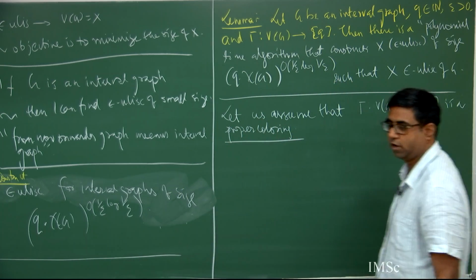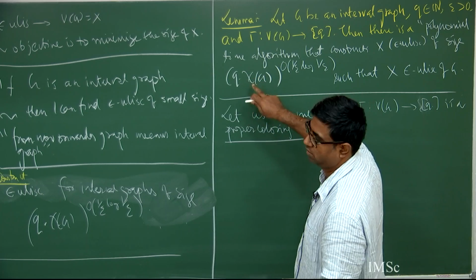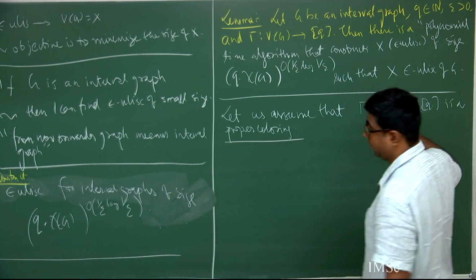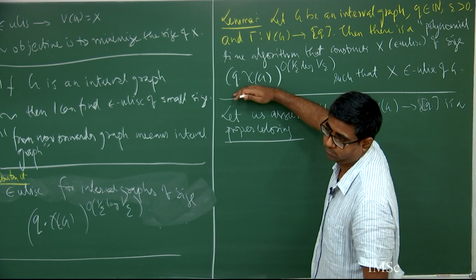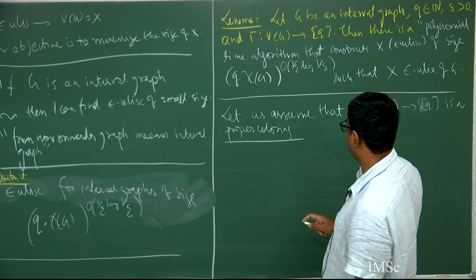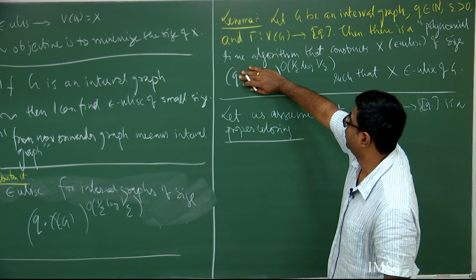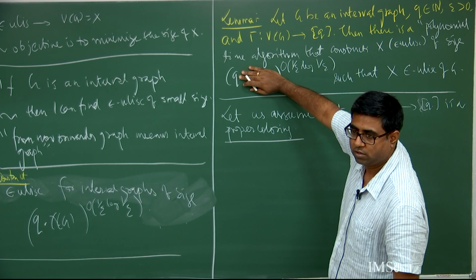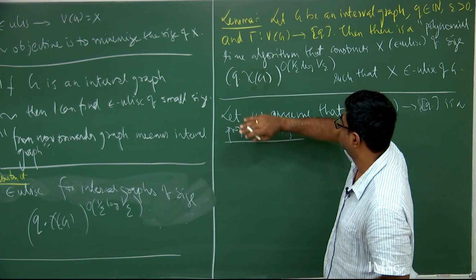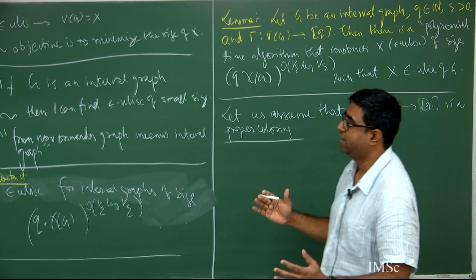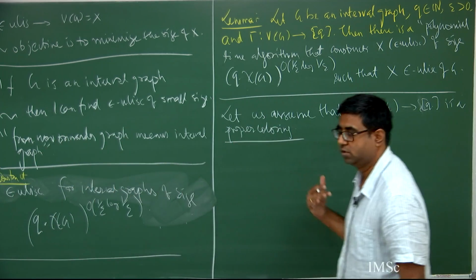I am going to assume for now that it is a proper coloring, and later I will explain how, given a labeling, I can make it a proper coloring using this many colors. So basically I should give you an algorithm with running time q to the power big O of 1 over epsilon log 1 over epsilon for now. Then I will tell you how, given a labeling function gamma, I can convert it to another labeling function, say delta.